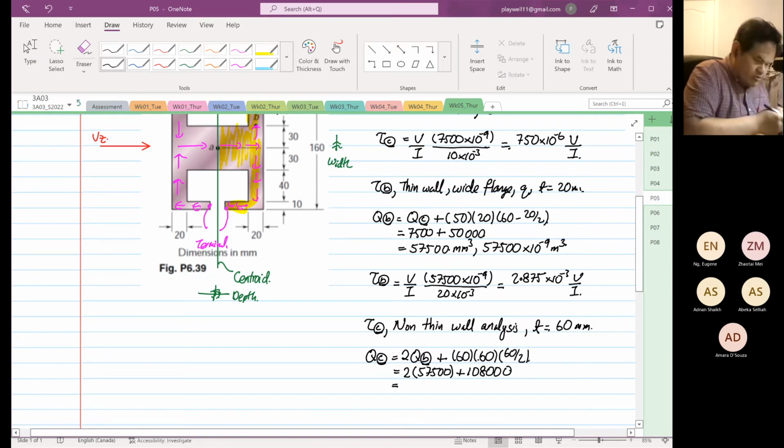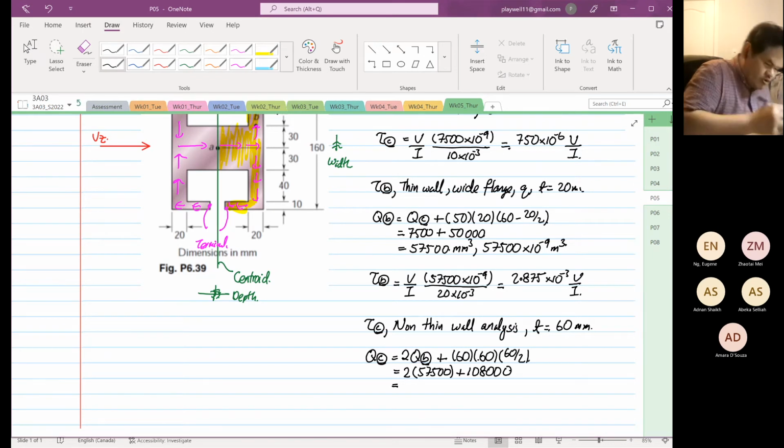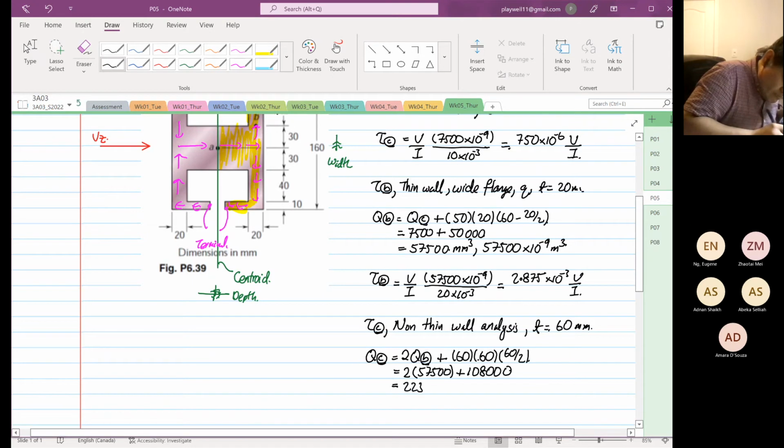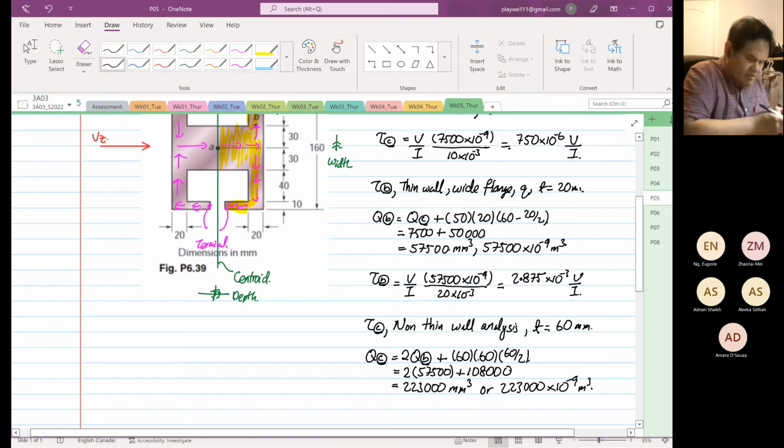So this is equal to 2 times 57,500 plus 108,000, which is equal to 223,000 millimeter cubed, or 223,000 times 10 to the power minus 9 meter cubed. Let me calculate again. Plus 2 times the 57,500. 223,000. Yep. Okay.